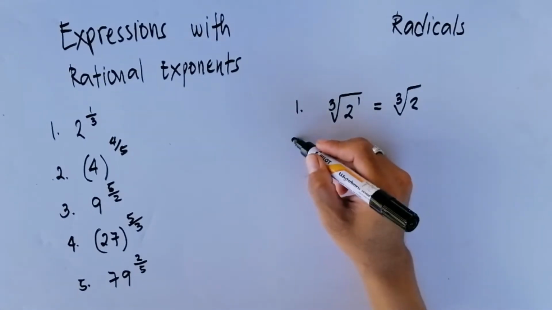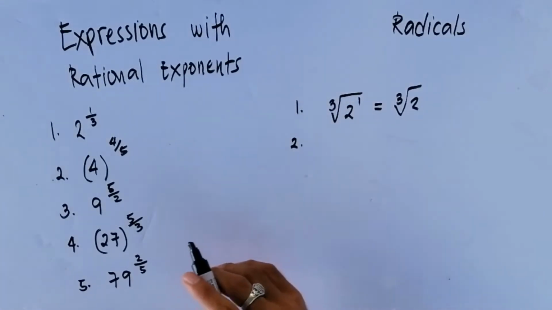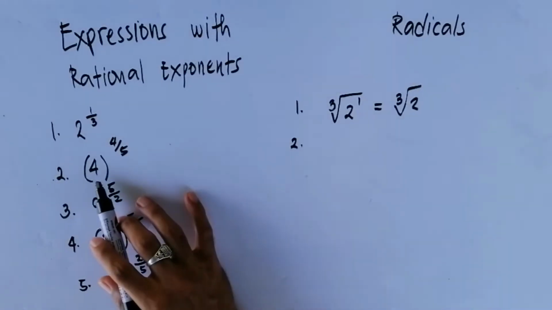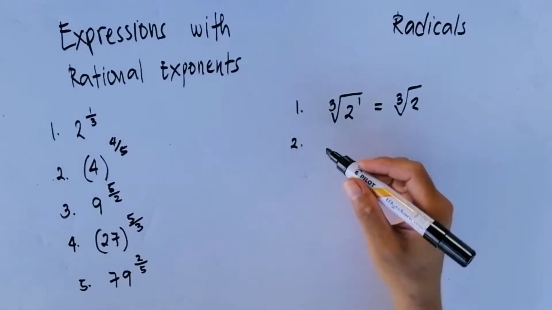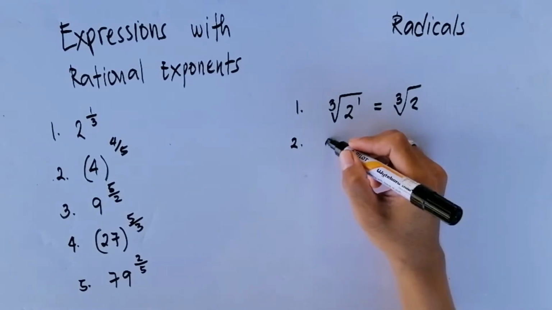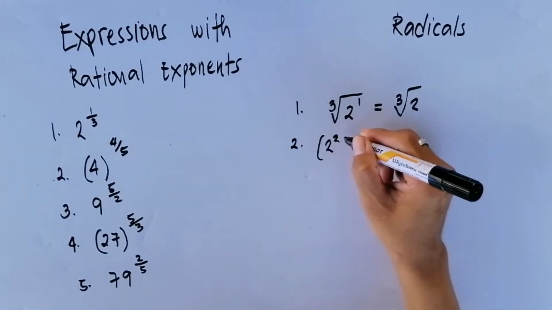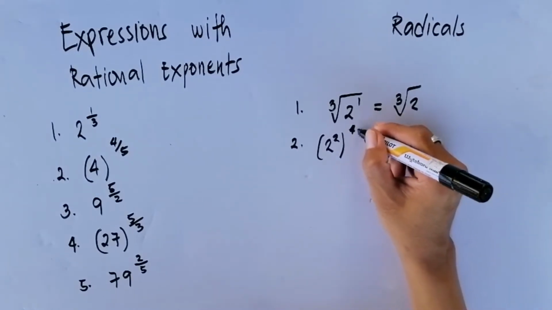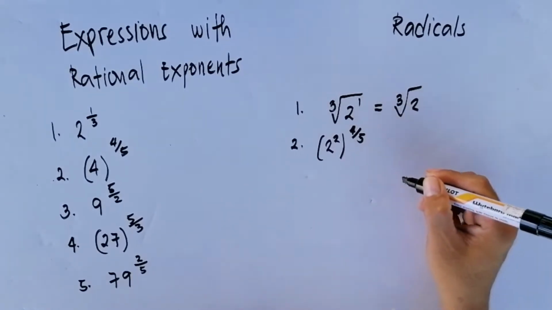For number 2, 4 raised to the power of 4/5. We can write this 4 as 2 raised to 2, and its power is 4/5.